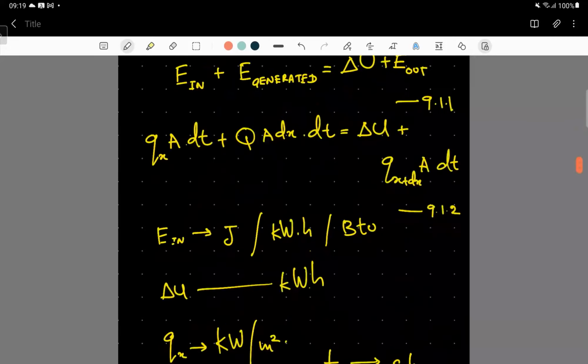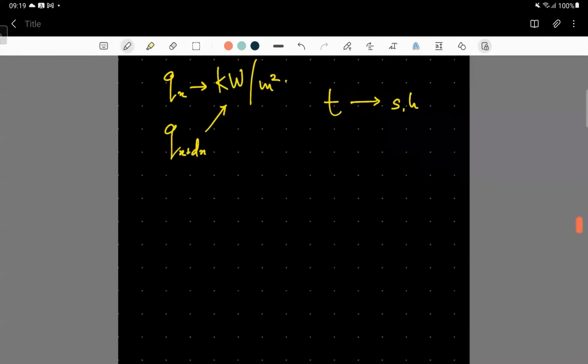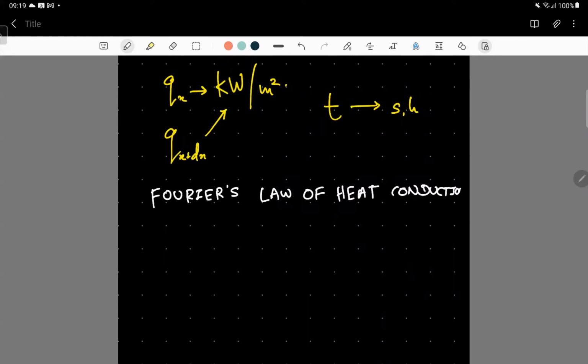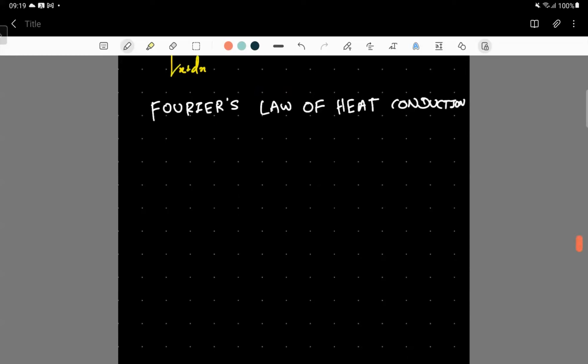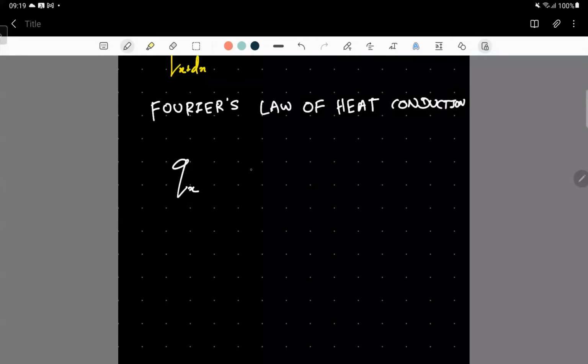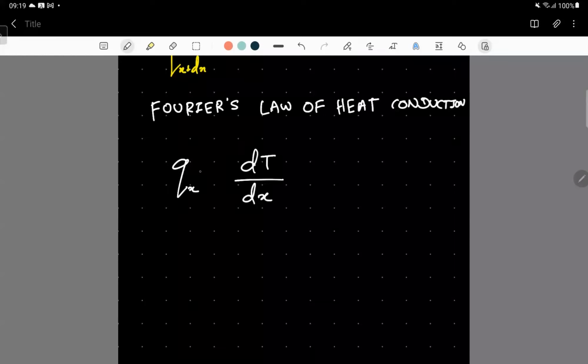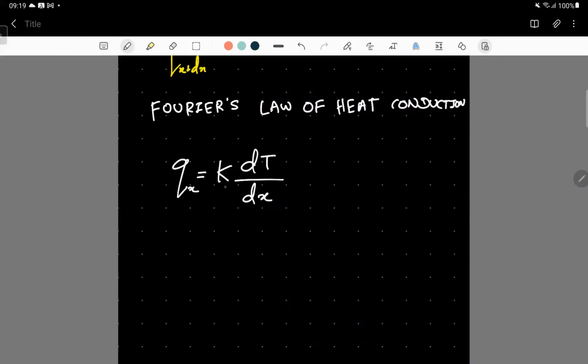We can apply Fourier's heat conduction law to write down the relationship between the temperature gradients and the heat flux, so we would like to obtain an expression for heat flux. What does Fourier's law of heat conduction tell us? That the heat flux is proportional to the temperature gradient, and the proportionality constant is the thermal conductivity.